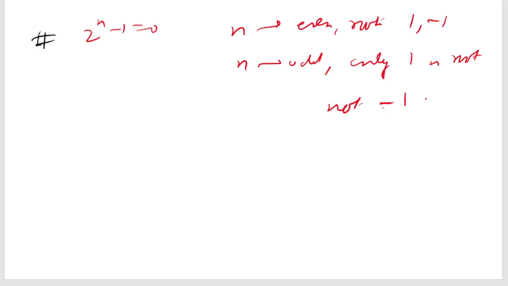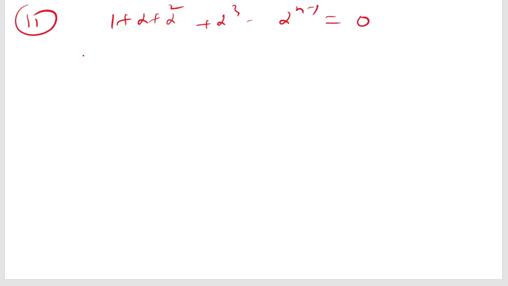Okay, now let's talk about some other important properties. Whenever we say 1 plus alpha plus alpha square plus alpha cube up to alpha to the power n minus 1 is 0, see, alpha may be a complex number, that is, it has an imaginary part as well. The right hand side is pure 0, and the left hand side has a mixed part.